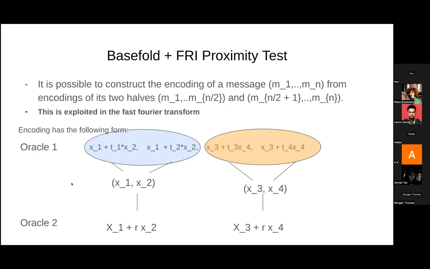And so this is basically how FRI and how Basefold works, which is you take your first oracle, you partition them into pairs, you interpolate to get the constituents of the pairs, like the two summands, x1, x2, and then the verifier will send a random point and you'll just evaluate x1 plus rx2, which gives you a point in a code word of a smaller code.